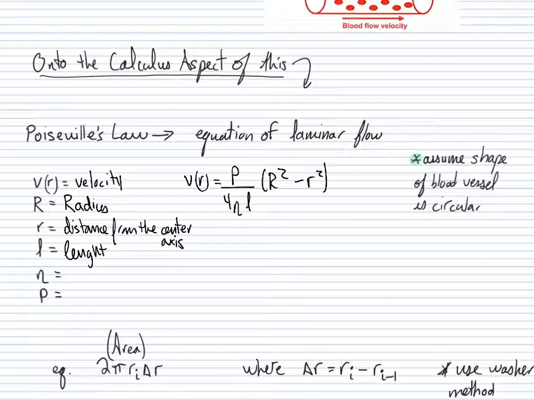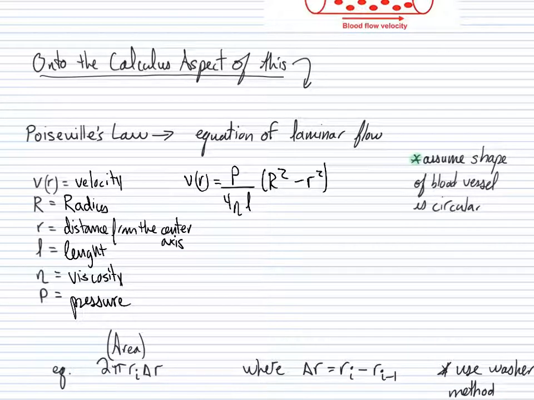Fancy N, I think it's not mu, but it's something along those lines, is for the viscosity, and P stands for pressure. Sorry if my handwriting is bad. I'm trying to do as best I can.